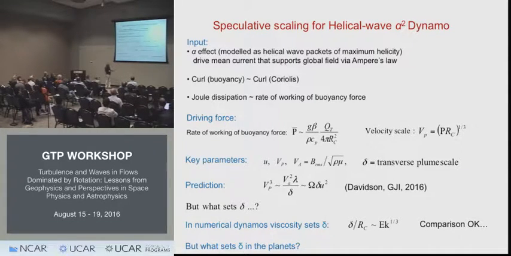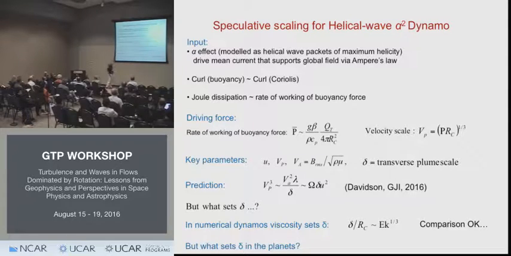And the sort of things you'd like to predict, knowing this, is what's the characteristic intensity of the convection, measured by, say, a Rossby number, and what the characteristic dipole field strength is, perhaps measured by some characteristic Alfvén velocity. And the other key parameter that enters into this is the transverse dimension of these interior objects, these thin columnar structures.